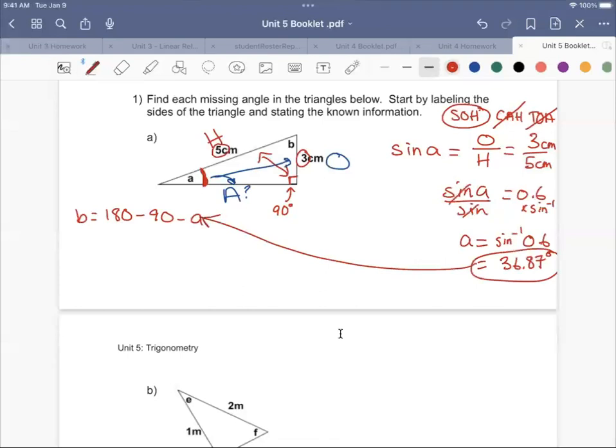Now I'm going to substitute this in here, and I will get B is equal to 180 minus 90 minus 36.87. That gives me 53.13 degrees. So that's what B is equal to. That's what A is equal to.